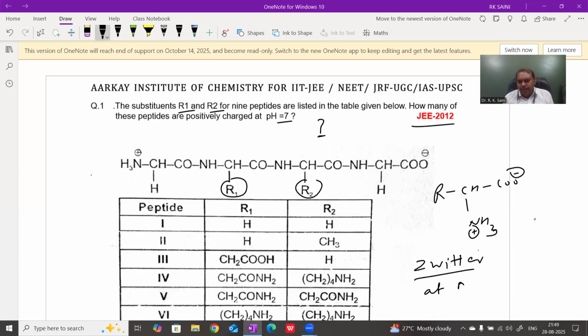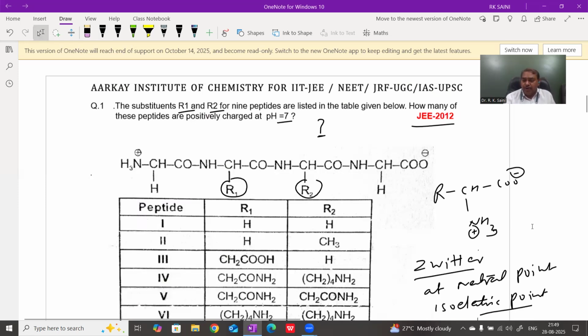Neutral point is also known as the isoelectric point of the amino acid. Or we can say at this pH, the amino acid carries equal positive as well as negative charge, so it has no net movement toward the anode or cathode at its isoelectric point.